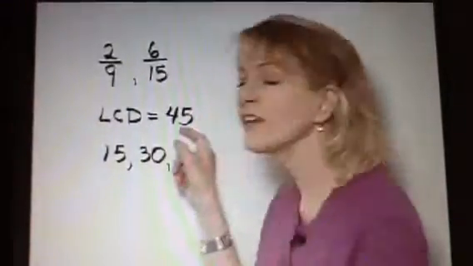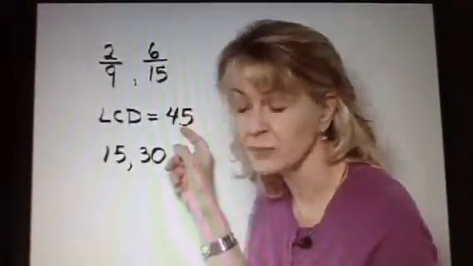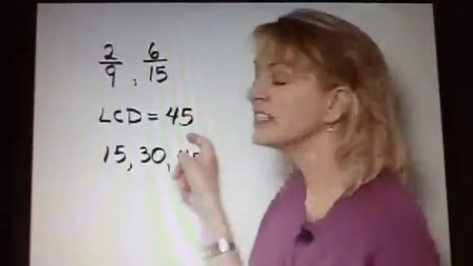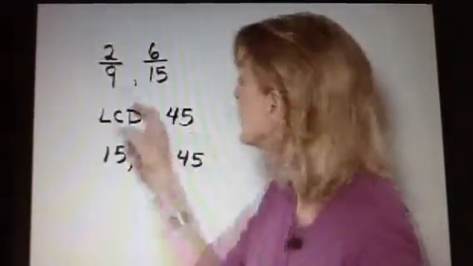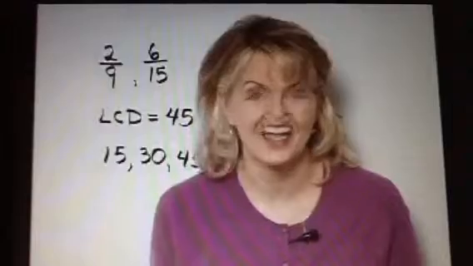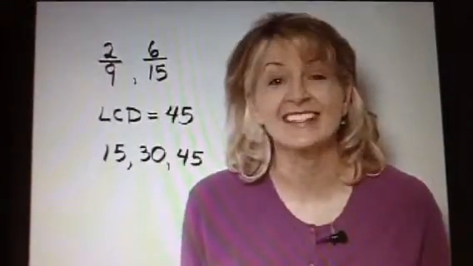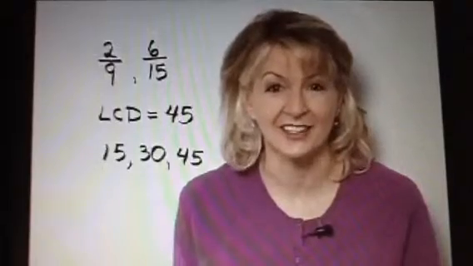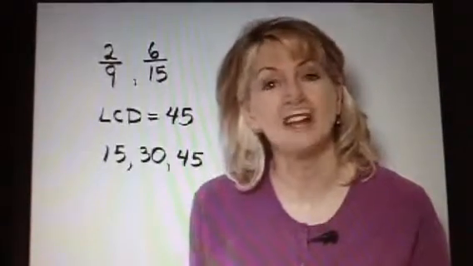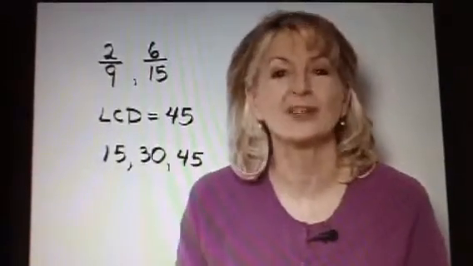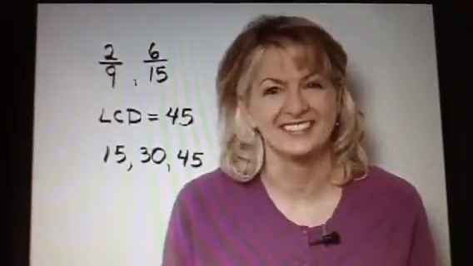It means 45 is the smallest number that not only 15 divides into evenly, but also 9 divides into evenly. And we'll talk about how we'll use that least common denominator later, but let's practice finding least common denominators by looking at another method.